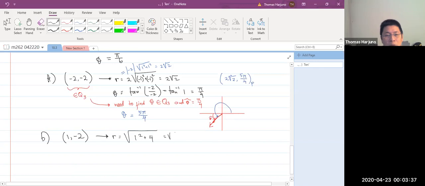That will give me square root of 5. But how about the theta? That's tangent inverse of -2 over 1. That's tangent inverse of -2, which, if you use a calculator, will give you an answer in quadrant -1.